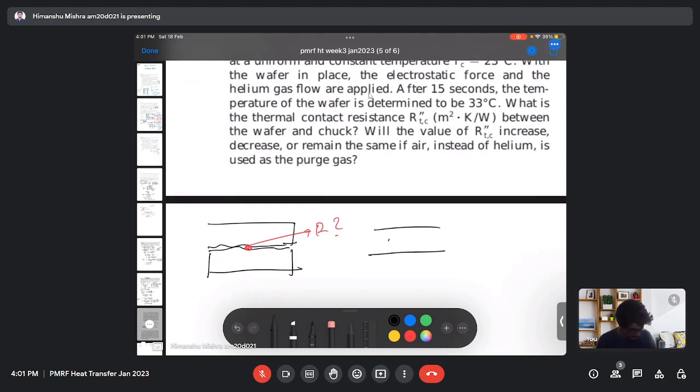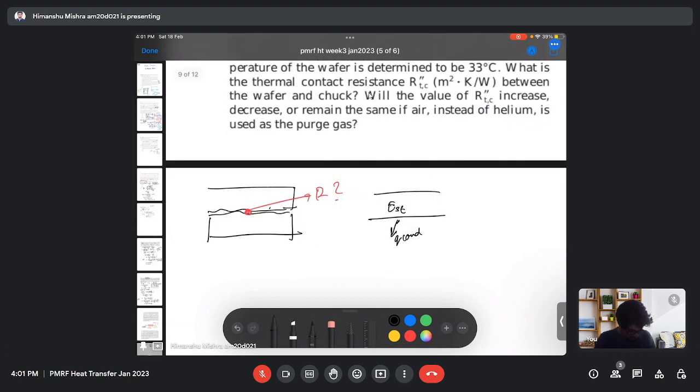So there will be some energy stored which is uniformly varying in the geometric direction, and there will be some heat conduction out from this body to the other body.